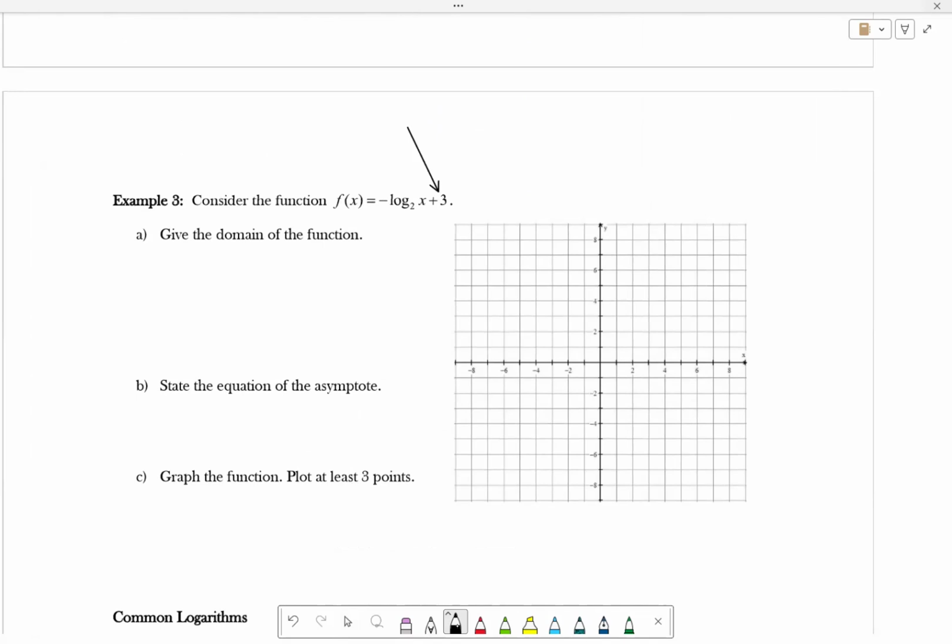And then this 3, show me what that's going to do. Up. In this case, it's up because that 3 is outside the function. You can imagine that x plus 3 in parentheses would be completely different. That'd be moving 3 to the left. Okay, so go ahead and make it happen. You need 3 points and then do the transformation.